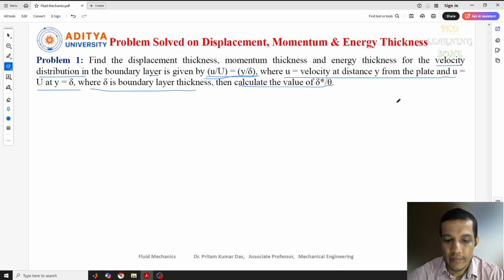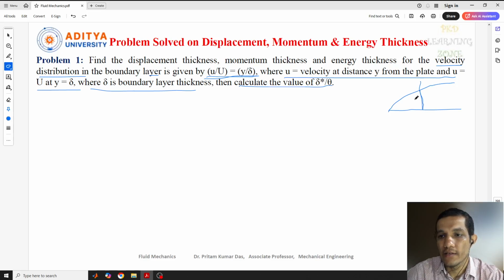Suppose you consider the plate is there, and this is the boundary layer, and this is the distance delta. Here u is the velocity at a distance y from the plate, which is situated here.